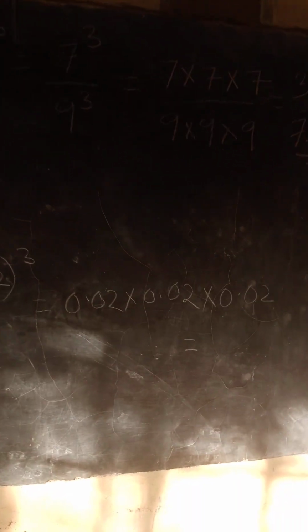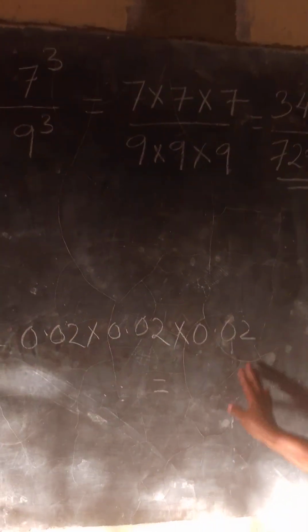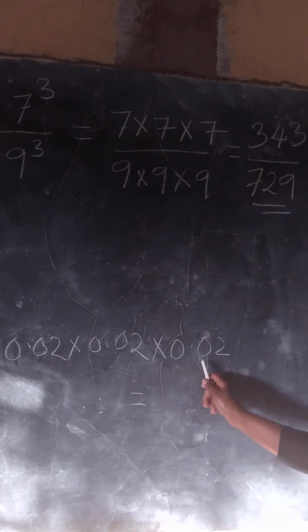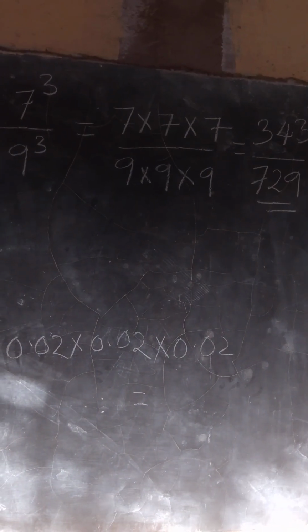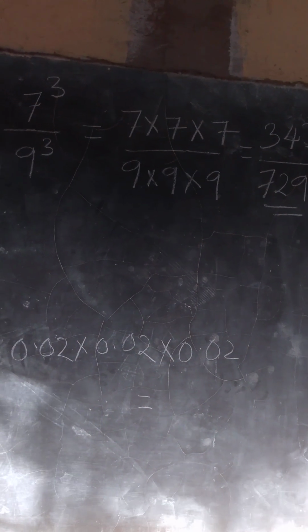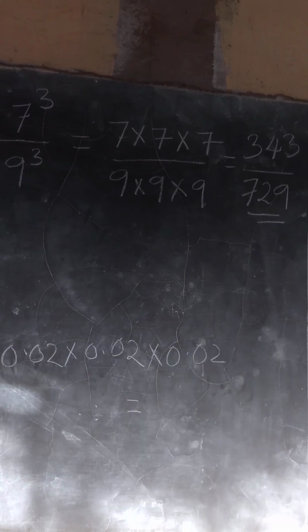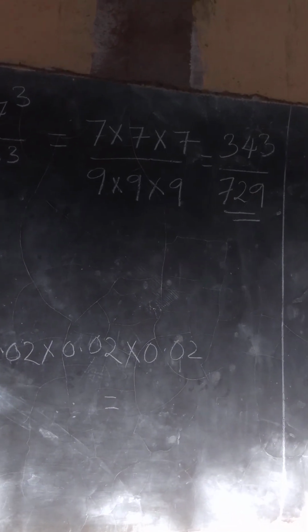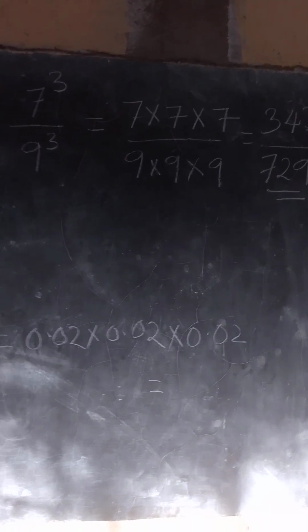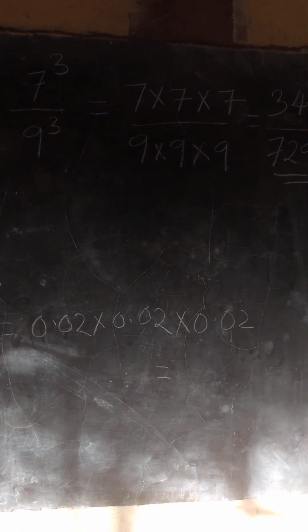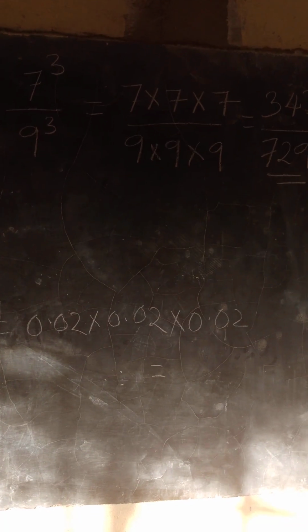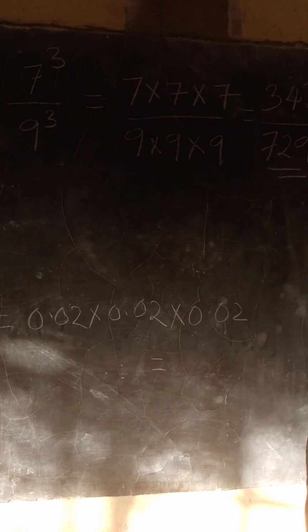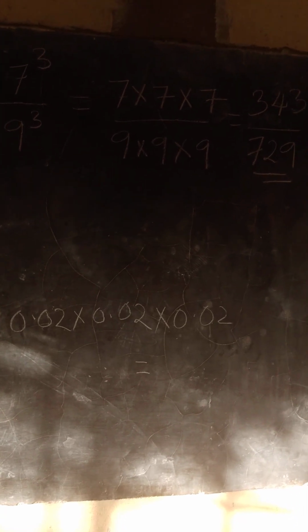And this is giving us, we expect the answer to have around 6 decimal places because of 2 decimal places, 2 decimal places, 2 decimal places. I'm waiting for the answer from my students.